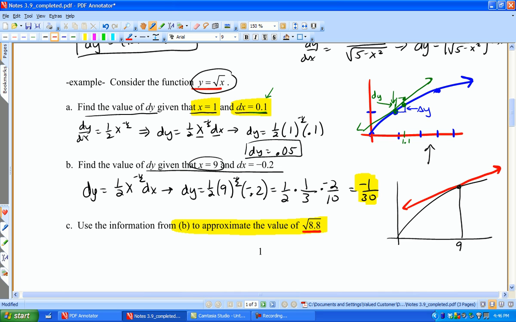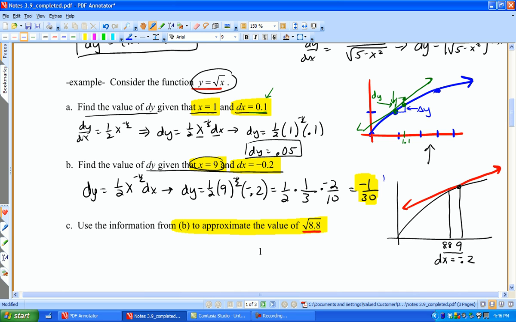I want to approximate the square root of 8.8. 8.8 would be about here on the function. What's the difference between 9 and 8.8? That difference, that dx, is the negative 0.2. So the dx is negative 0.2, but the x where I would have drawn my tangent line is 9.